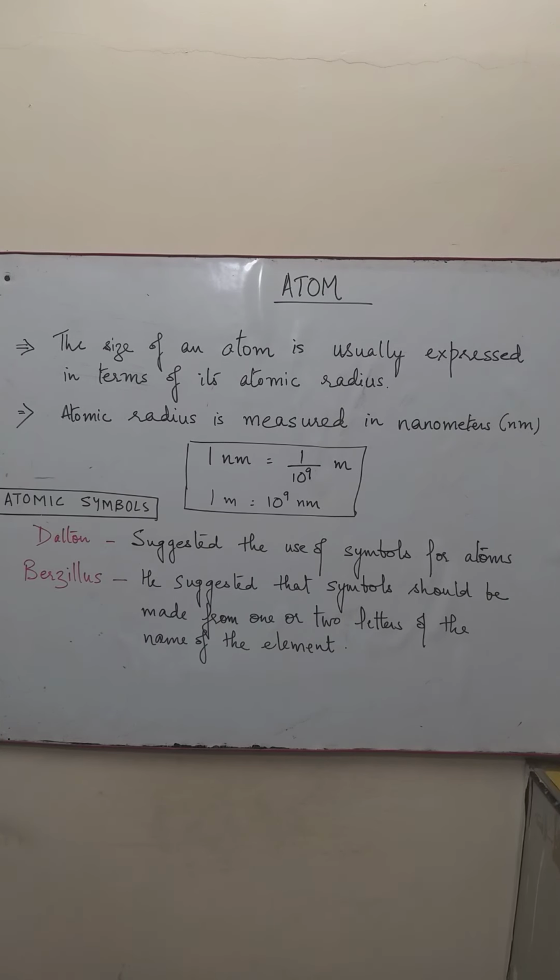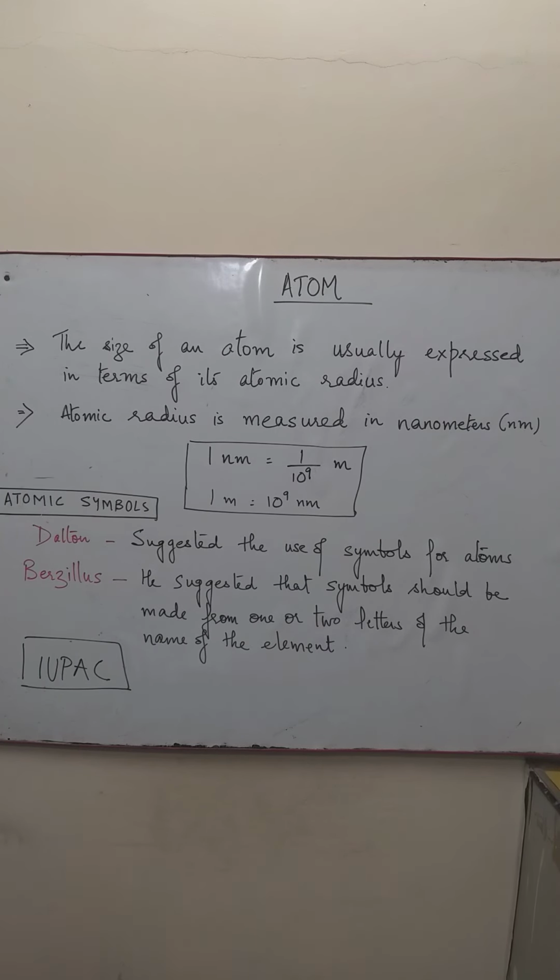Later on, an international agency, IUPAC, the International Union of Pure and Applied Chemistry, which is well accepted till now, approves the names and the symbols for a particular element.